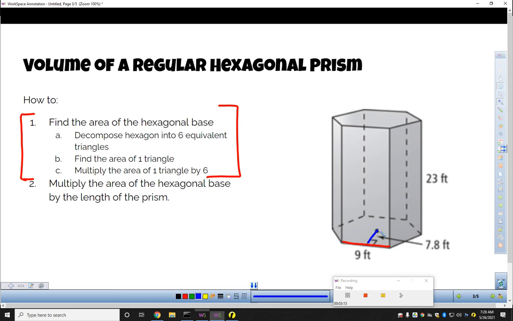I can decompose that into 6 triangles. I'm not going to draw that because it would not look good on this particular figure, but if you forget about that, back up in the video and watch the last problem again. On your own, see if you can find the area of the base of this regular hexagon. Do step 1.